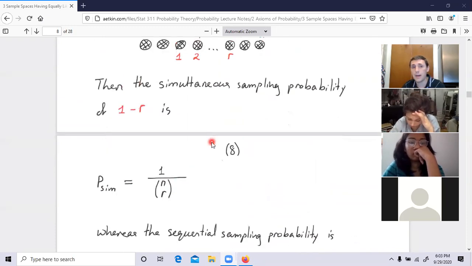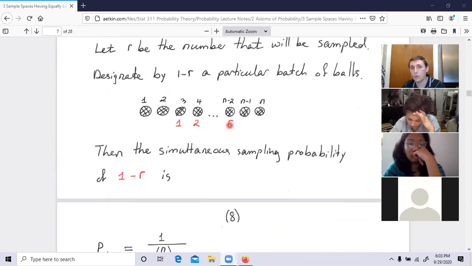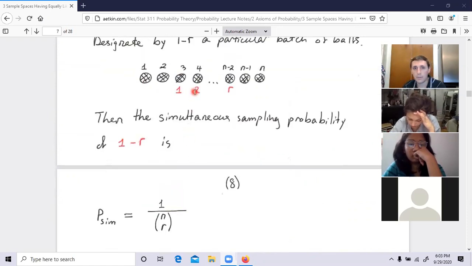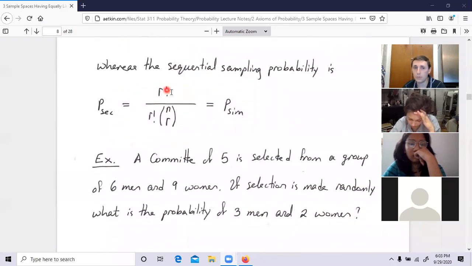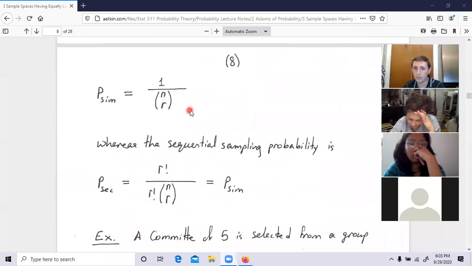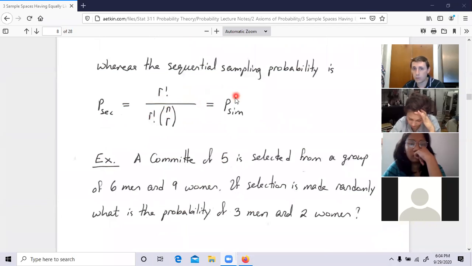And then selecting 1 through R has R factorial possibilities, right? Because maybe number 2 came first and number 1 came second and onwards. So that would be R factorial possibilities in which those particular balls could have come out. And then the R factorial crosses out and we have P sim.